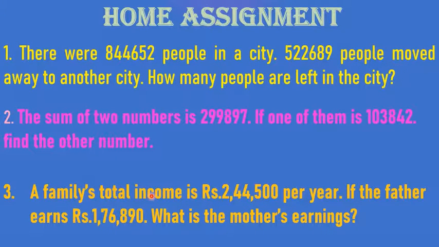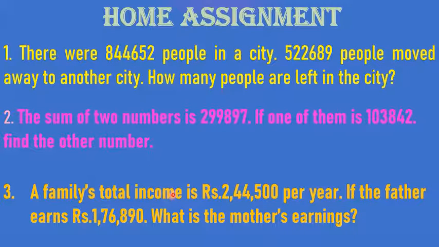Next, third one. A family's total income is 2,44,500 rupees per year. If the father earns 1,76,890 rupees, what is the mother's earnings? How to write the steps here?